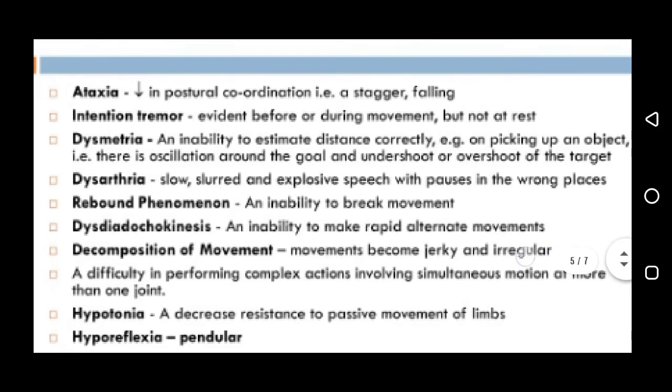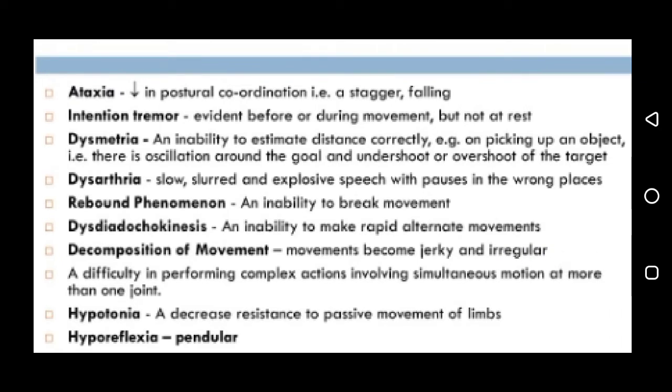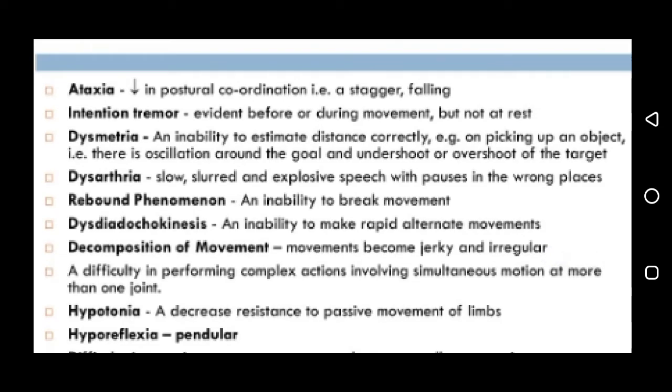The example is on picking up an object, there is oscillation around the goal and undershoot or overshoot of the target. Dysarthria, slow, slurred and explosive speech with pauses in the wrong places. Rebound phenomena, an inability to break movement. Dysdiadochokinesia, an inability to make rapid alternate movement like supination and pronation of the forearm.